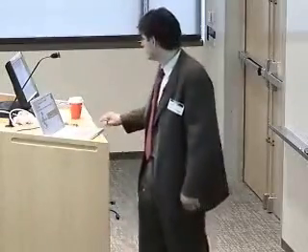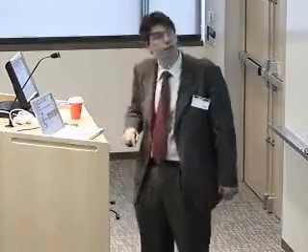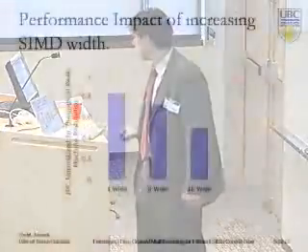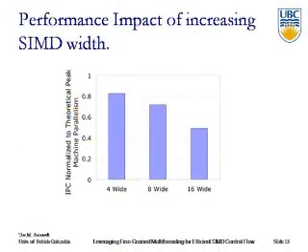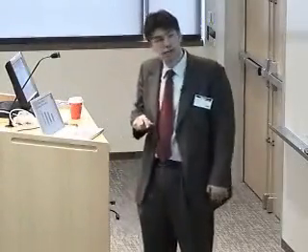The question is then, how do we do that all with one common PC? One solution might be to use some sort of predication. The approach that we're going to take is slightly different, which I'll explain in a second. But first, let me give you some high-level results. I mentioned earlier that as you increase the width of the SIMD pipeline, you get this inefficiency due to the branch divergence problem that I just illustrated.